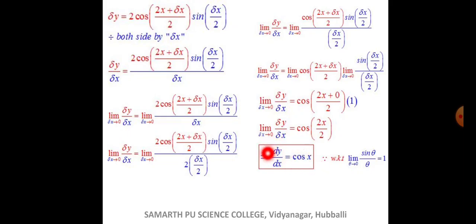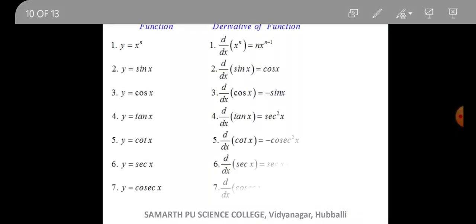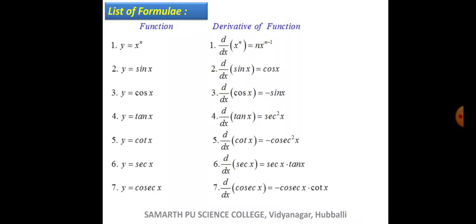This is called a derivative of a function. That is, the derivative of sin x is cos x. This is simple and also basic. So now a list of formulas, very important.